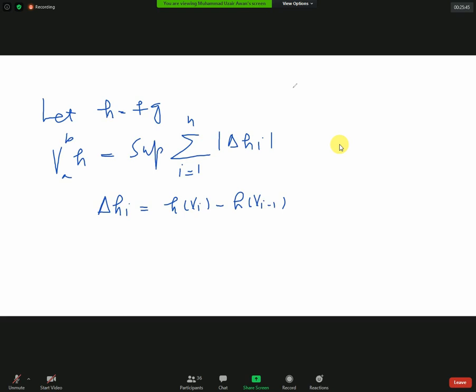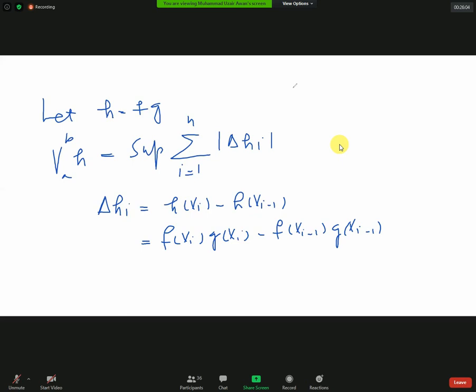अब H हमारे पास किसके बराबर है? FG के. That will be equal to f of xi g of xi minus f of xi minus 1 g of xi minus 1. ठीक हो गया?